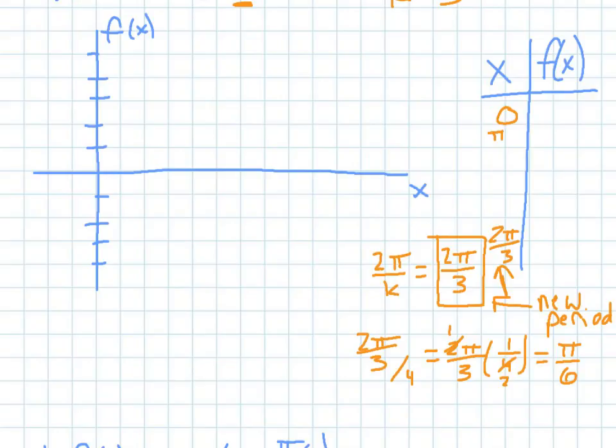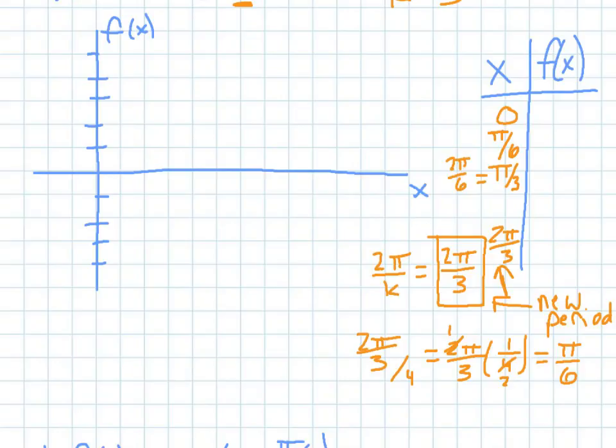So you start with 0, add a pi over 6, gets me pi over 6. Adding another pi over 6 gets me 2 pi over 6, which reduces to pi over 3. If I add another pi over 6, so let's go back. You had pi over 6 plus pi over 6, 2 pi over 6, which was this one.